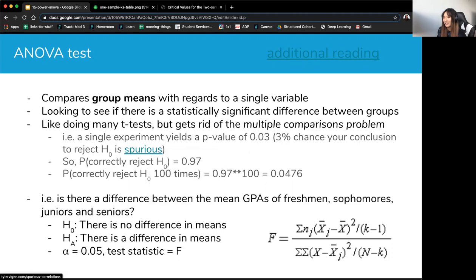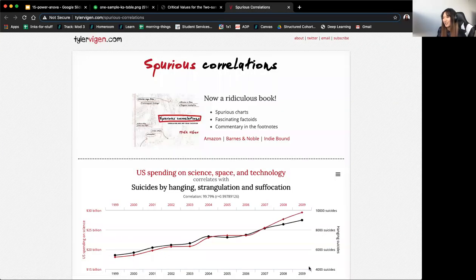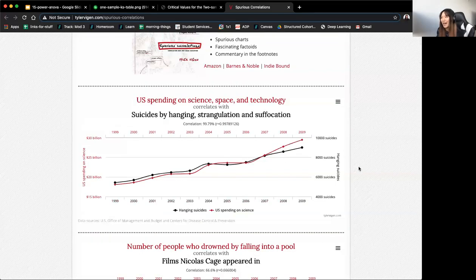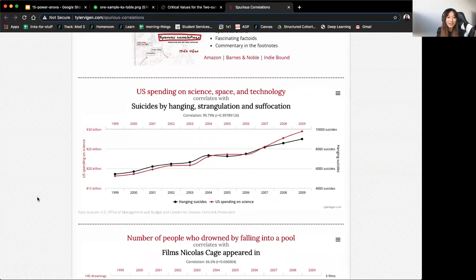I linked here spurious correlations. This is kind of funny. I'm pretty sure people have seen this before, but it's basically things that happen to be correlated that have no link at all. Like for example, you can see here, US spending on science, space, and technology happens to correlate with suicides with a correlation coefficient of about 99.8%.